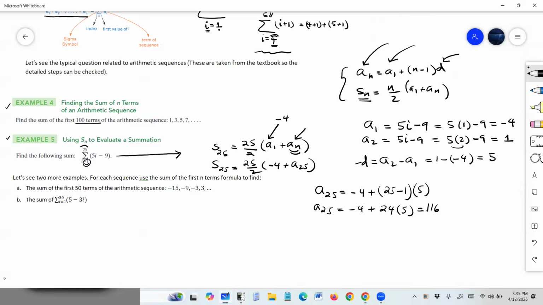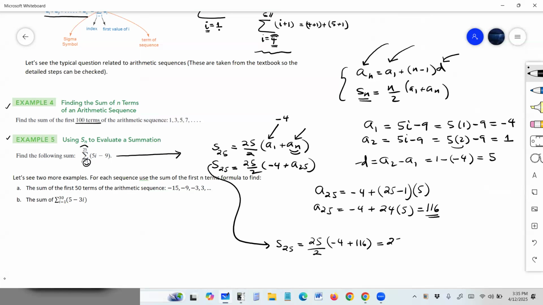All right, so now that I have a sub n, I go back here. 25 over 2, -4 plus 116. And I can find out what this is.